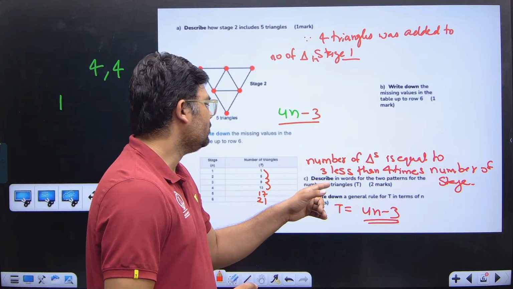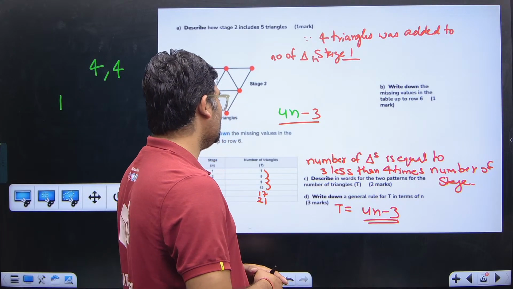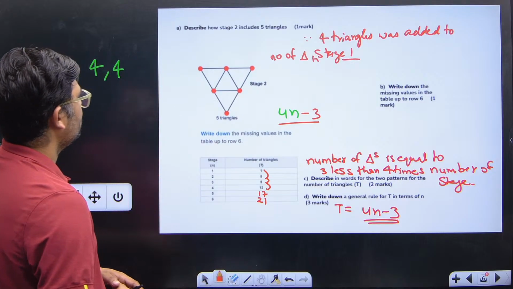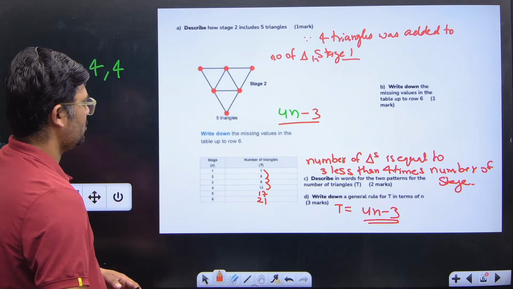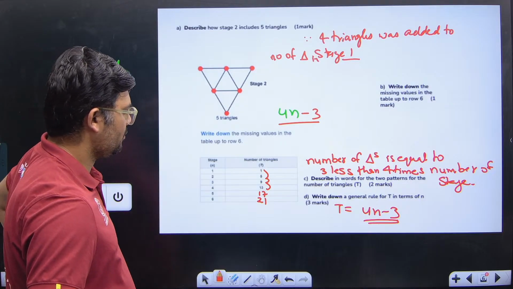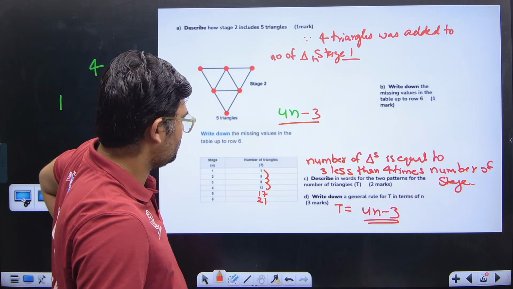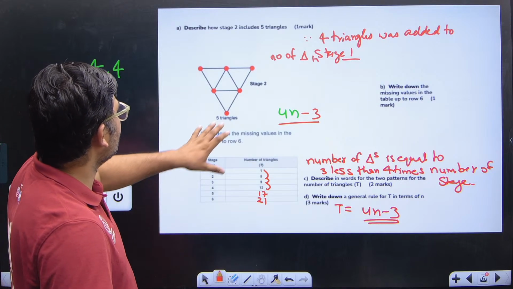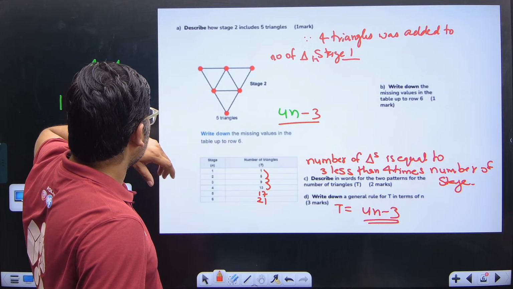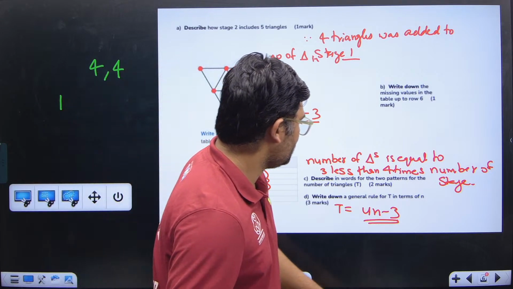They are asking to describe in words for the 2 patterns for the number of triangles. So where are the 2 patterns? Yeah, that's the thing. You have to find more than just one pattern, and you just need to write it down. Okay, so there are the 2 patterns. This is stage 2. No, but this is the figure for the previous question only.